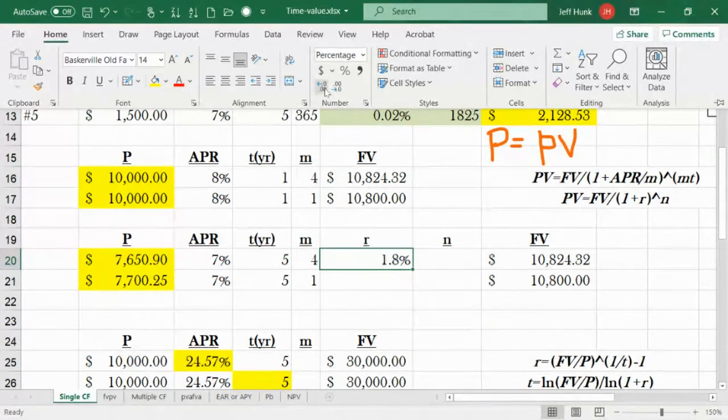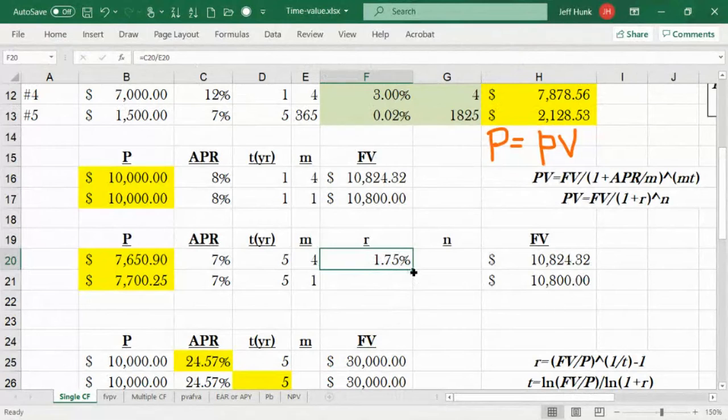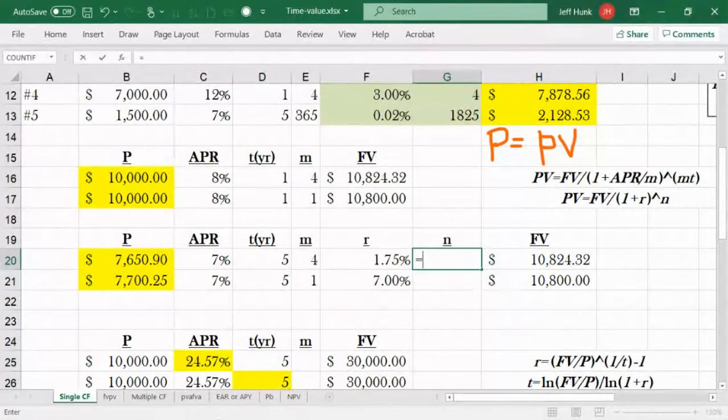Don't leave it like this. I've been telling you, you got to use at least 2 to 3 decimal places by default. Okay. And then, is APR 7%? No, 8%, right?